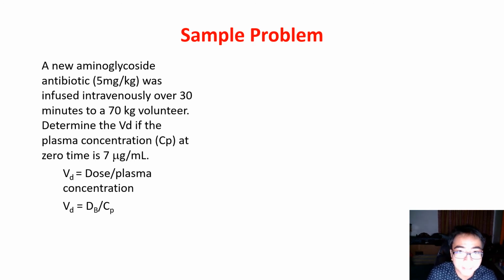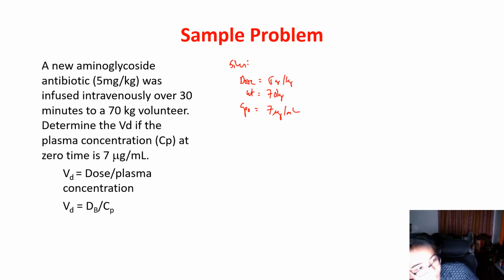We will follow the given. The given would be the dose, which is 5 mg per kg. The weight of the patient is 70 kilograms. So, therefore, class, multiply. And then, the CP0 is 7 microgram per ml.